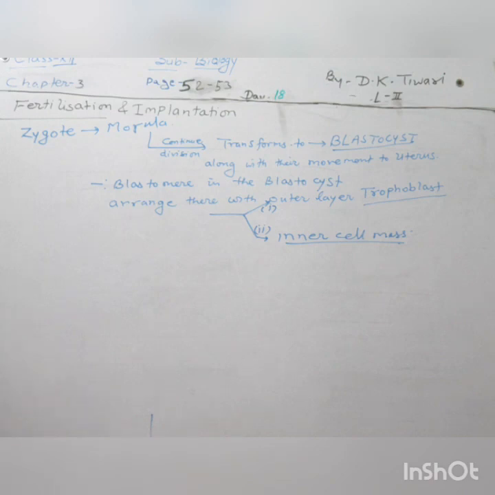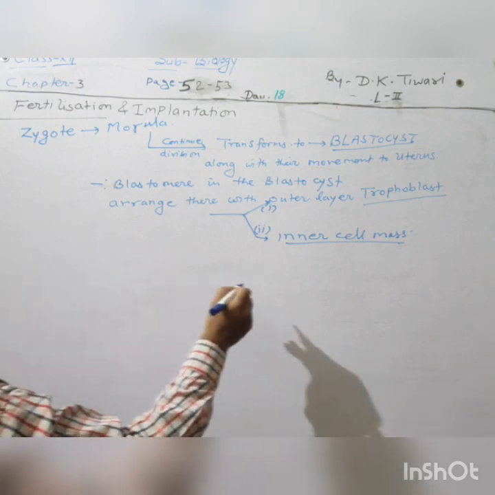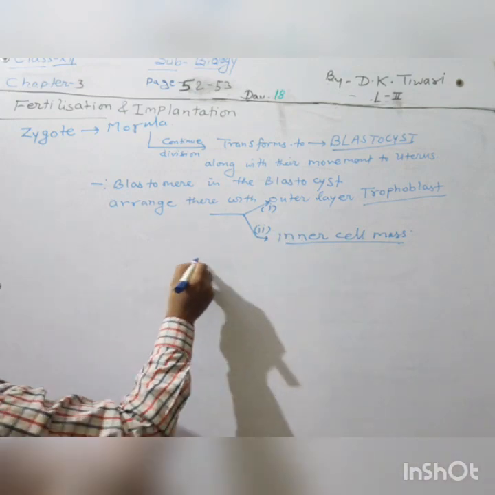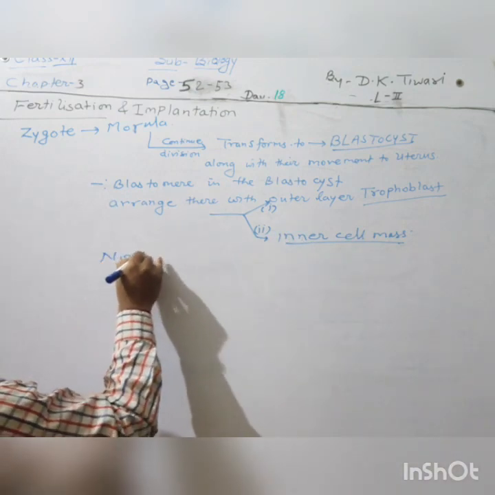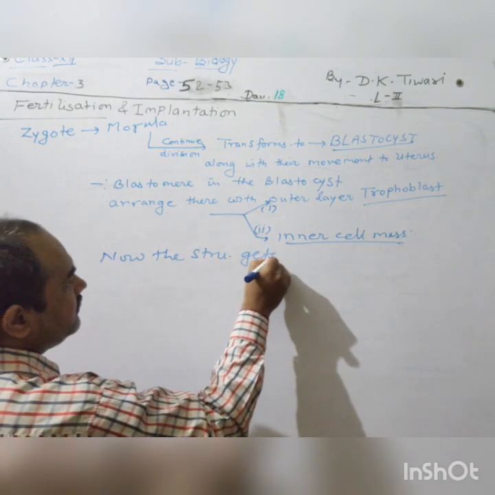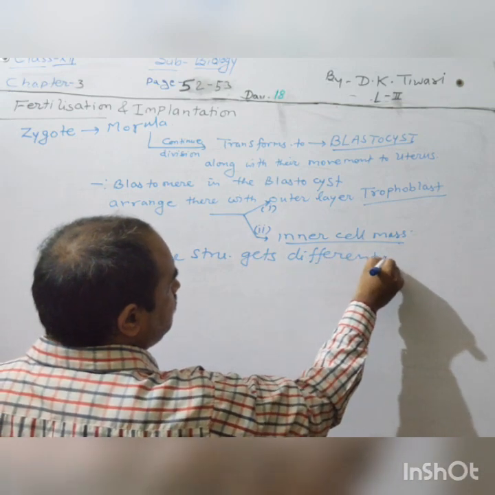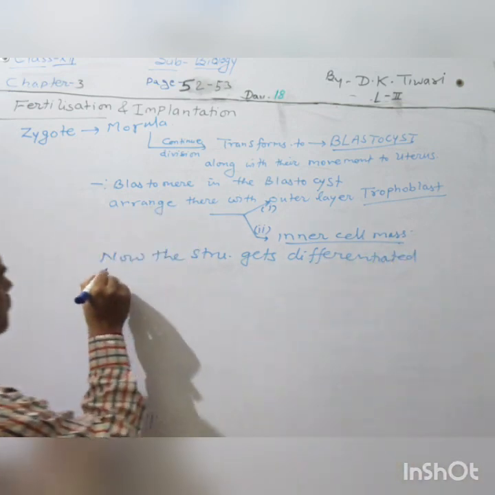Now, these layers will perform some active workings and get differentiated into the embryo.